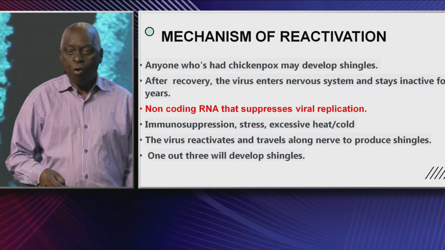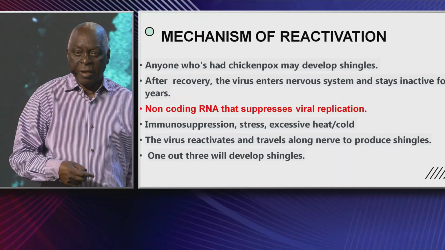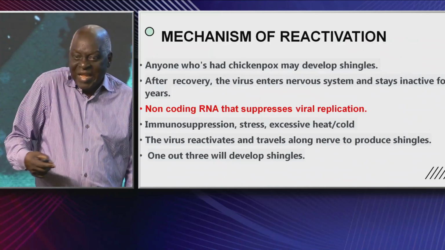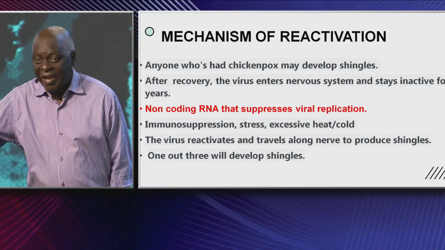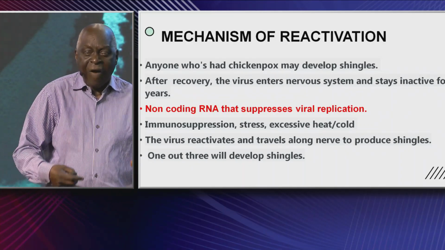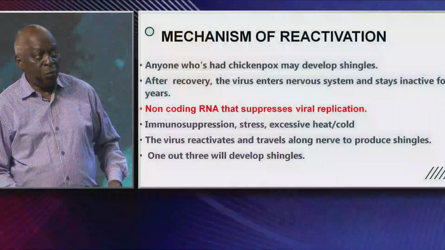It's a non-coding RNA, so therefore the virus cannot replicate. And since it does not replicate, it's latent there, it's hiding there. And because it cannot replicate, it does not kill the cell. So that cell acts as a buffer for the virus. That's why it is latent. That's why it can remain there at that latent site for many, many years without showing any sign.